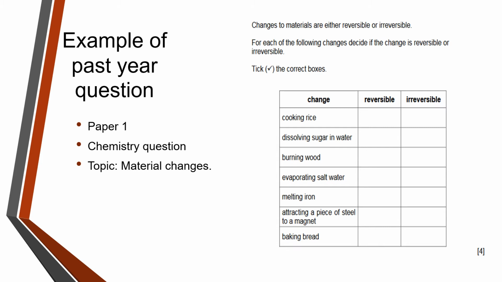When you take rice grain and cook it either on a stove or in a rice cooker, the rice grain changes into rice that you can consume. But if you take the rice and want to change it back to rice grain, that is not going to happen. So cooking rice is an irreversible change.